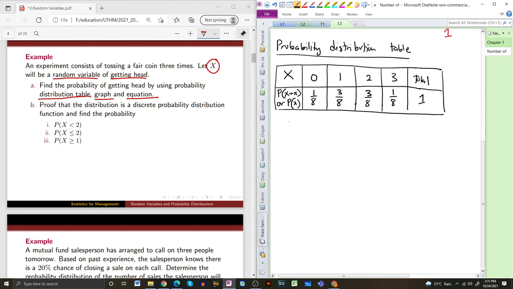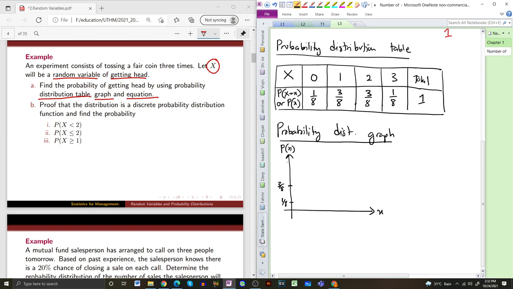They also ask you to draw a graph, so we will do that now. Probability distribution graph. Over 8.